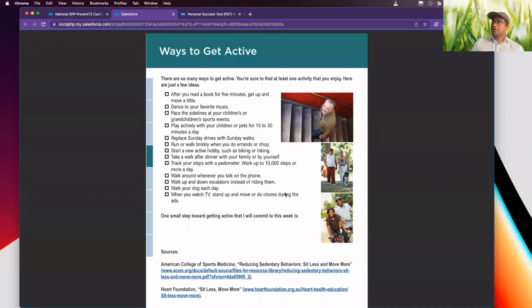Excellent. All right. So one small step towards being active is what I'll commit to. Personally, I already do some of these: I walk the dog, and I walk around quite a bit, especially on the phone. I do reach 10,000 steps.